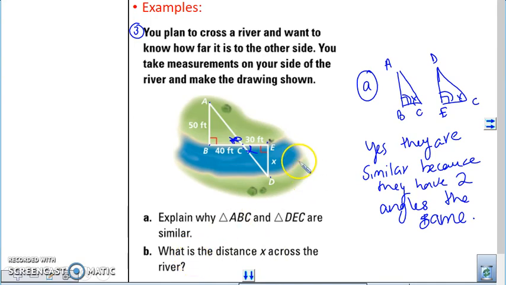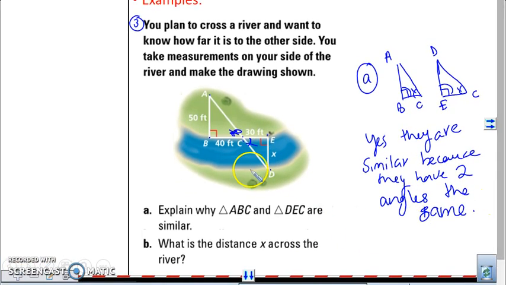What is the distance x across the river? The distance x across the river, right here, is what we're solving for. We're going to set up a proportion because they're proportional. So let me go through and erase what I put on here.